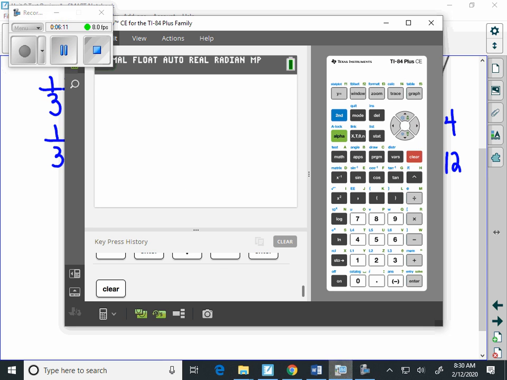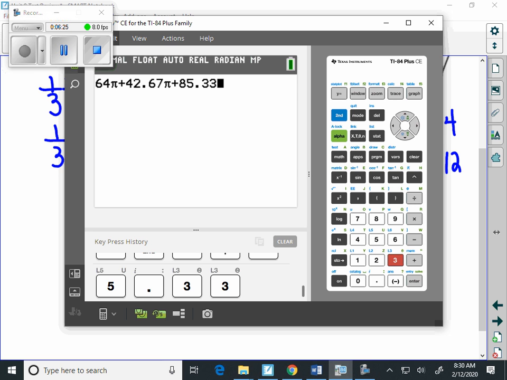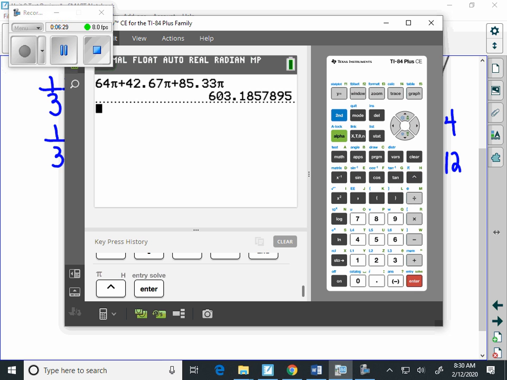So when we type this in, 64 pi plus 42.67 pi plus 85.33 pi. And now we've got everything in there. To finish, we want to round to the nearest tenth, 1 decimal space.